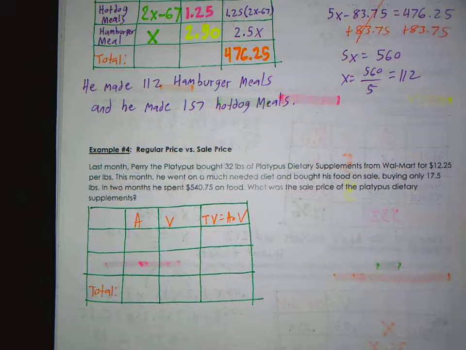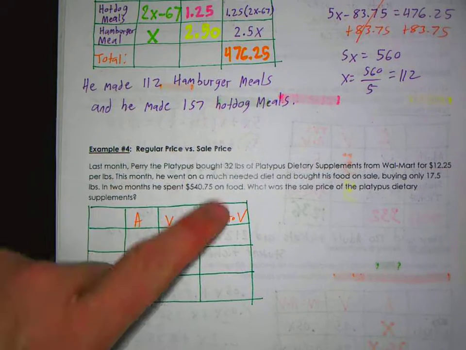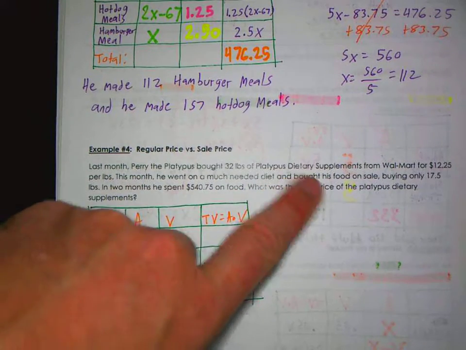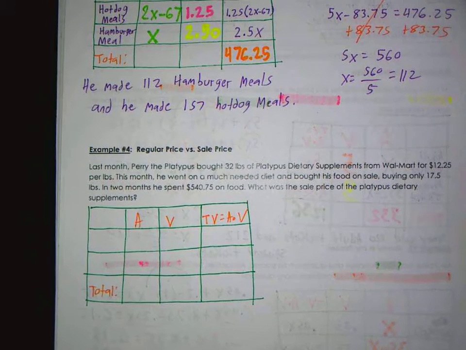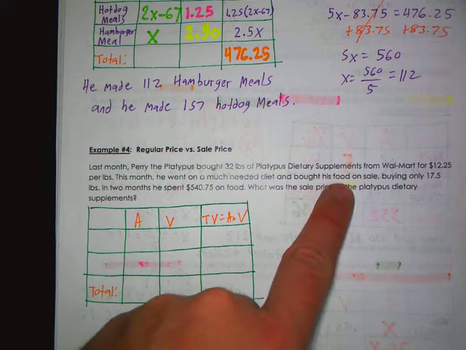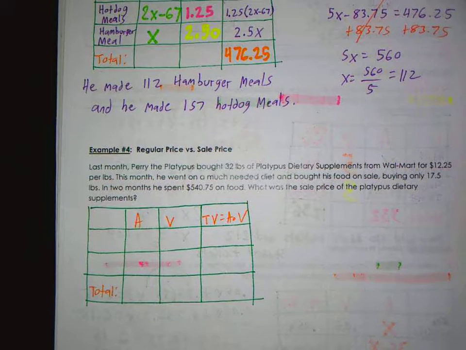Is he buying 2 different types of food? Yeah, the word problem needs to specify, because it says he went on a diet. He bought his food, which is platypus dietary supplements, on sale. Does that make sense? So we can't just assume it's the same food, but I'm telling you it's the same food, so we can do this problem. Okay?